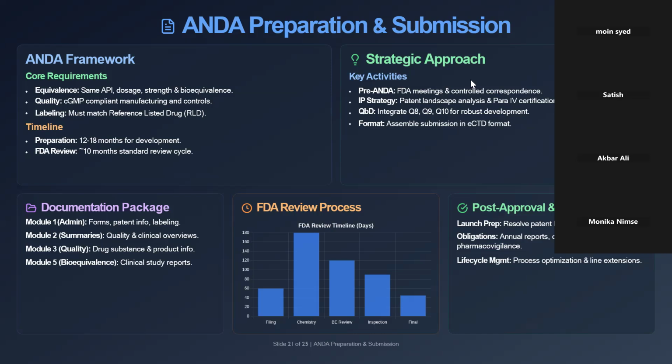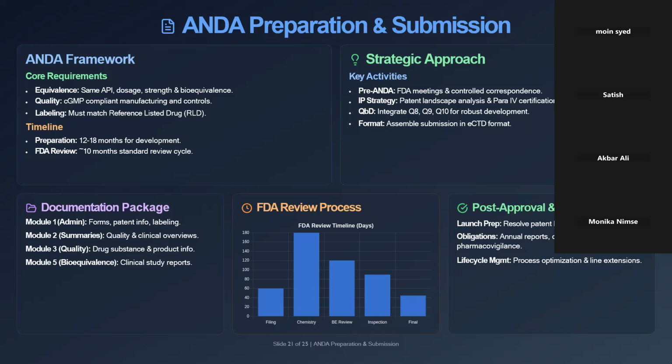Then the strategic approach. So pre-ANDA. Usually pre-ANDA is mostly meant for the injectable products and for the NCE. For usually for ANDA, because the US FDA has given so much clear guidance and guidelines, a control correspondence is not required with FDA, or a pre-ANDA meeting is not required in case of solid dosage forms.